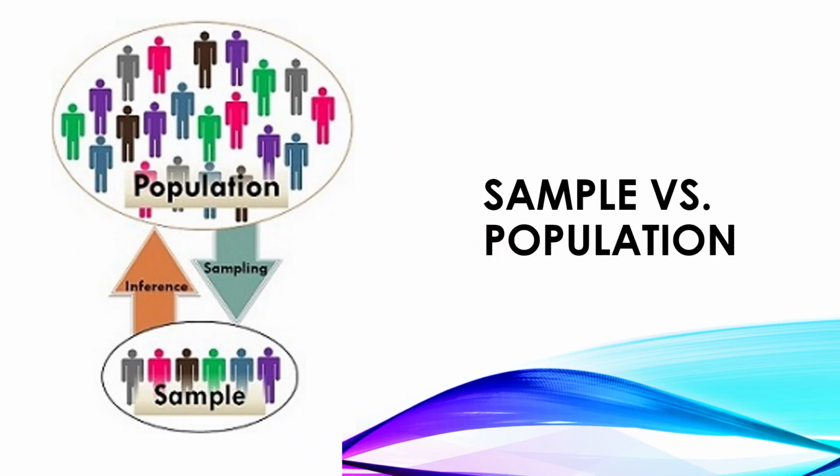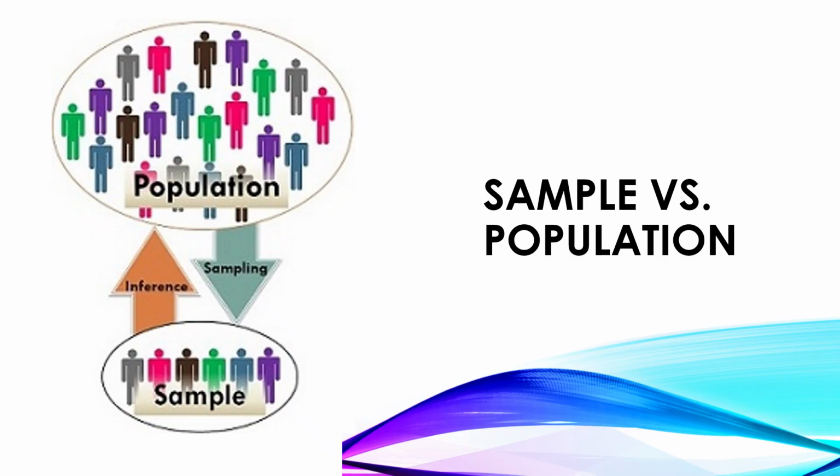Now let's move to the difference between sample and population. So it's very obvious that the sample is just coming from the population. You just select randomly or non-randomly from the population so that it won't be very expensive and time consuming to collect data from the entire population, because usually population is very big and it's going to be costly.